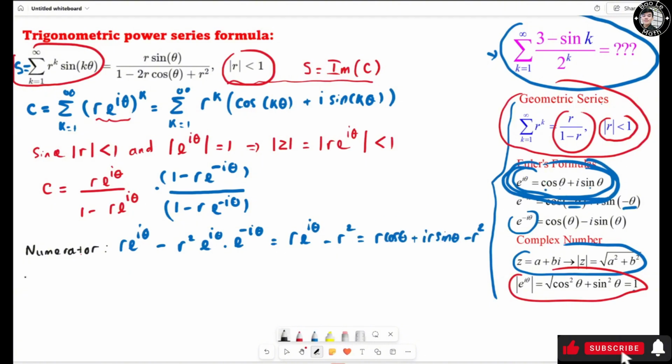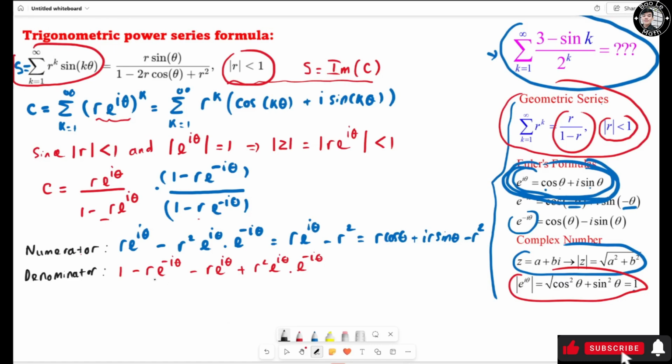We're going to deal with the denominator. I'm going to distribute this, so it's going to be 1 minus r e to the negative i theta minus r e to the i theta plus r squared e to the i theta times e to the negative i theta.